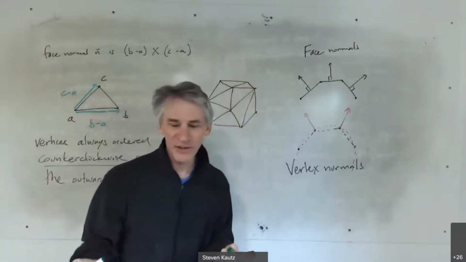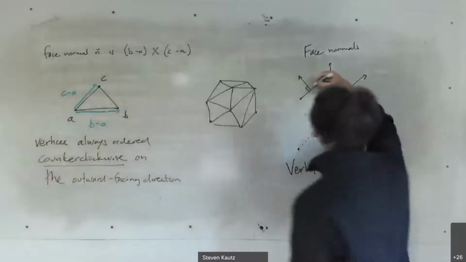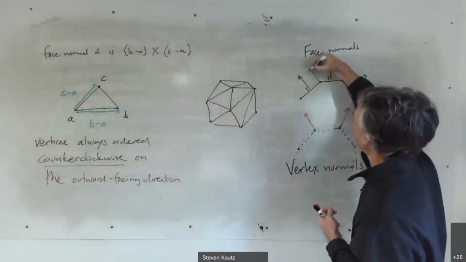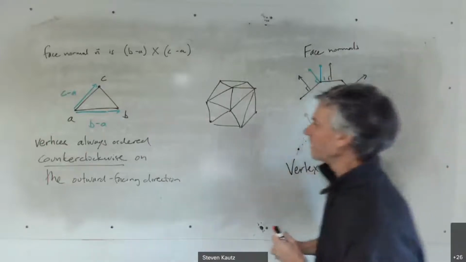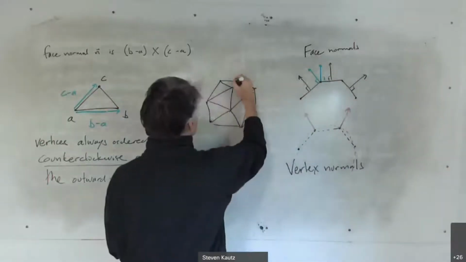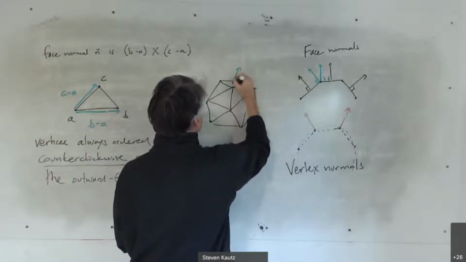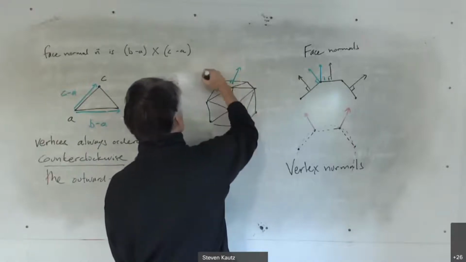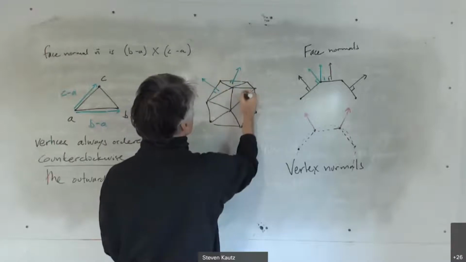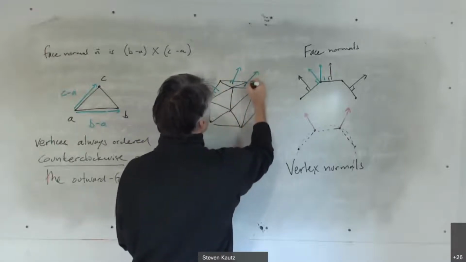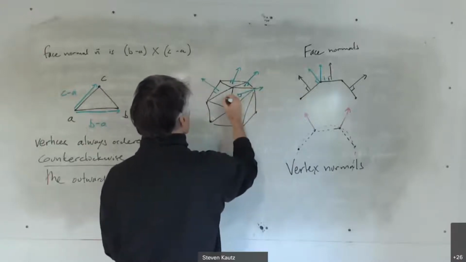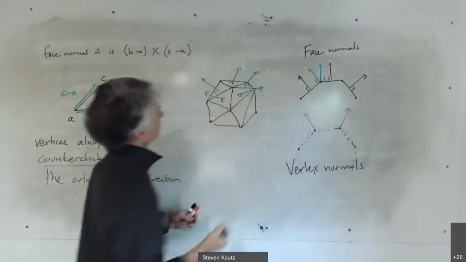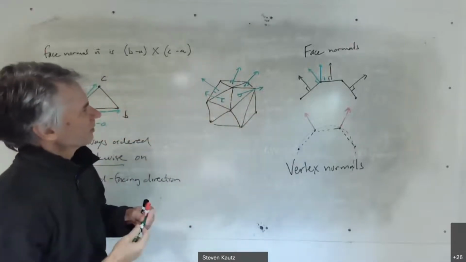Remember, the vector is just a direction, so it doesn't really matter whether I draw it in the middle of the face or at the corners. It's the same vector, same direction. But just for convenience, I'm going to draw them as though they were sticking out of the faces. So we've got these little unit vectors sticking out at each face. Something like that, if you can bear with my drawing.